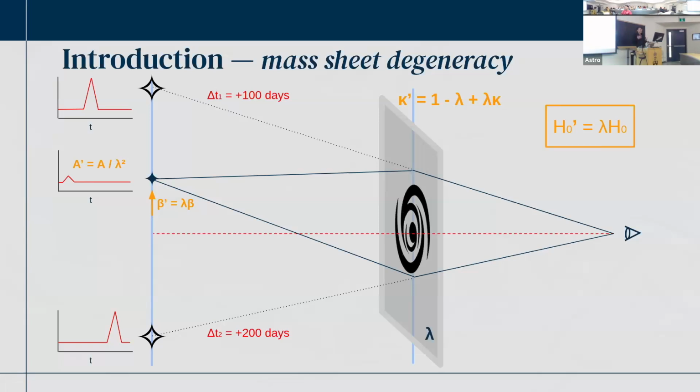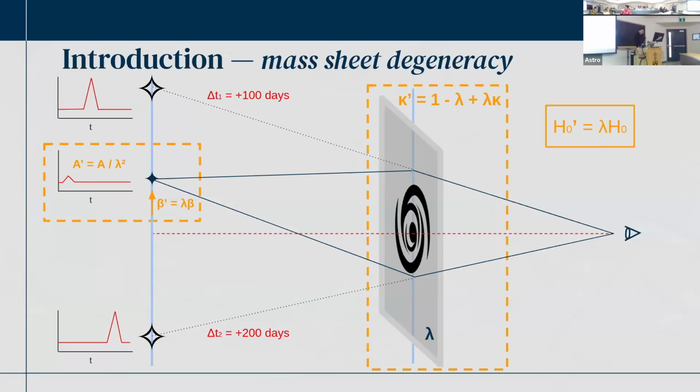So this is the main reason why we're struggling to get higher precision on our H0 measurements using lensed quasars. There are 2 places where we can break this degeneracy. At the lens plane, if we better understand the mass profile of these lensing galaxies, we can limit the manifestation of this mass sheet.